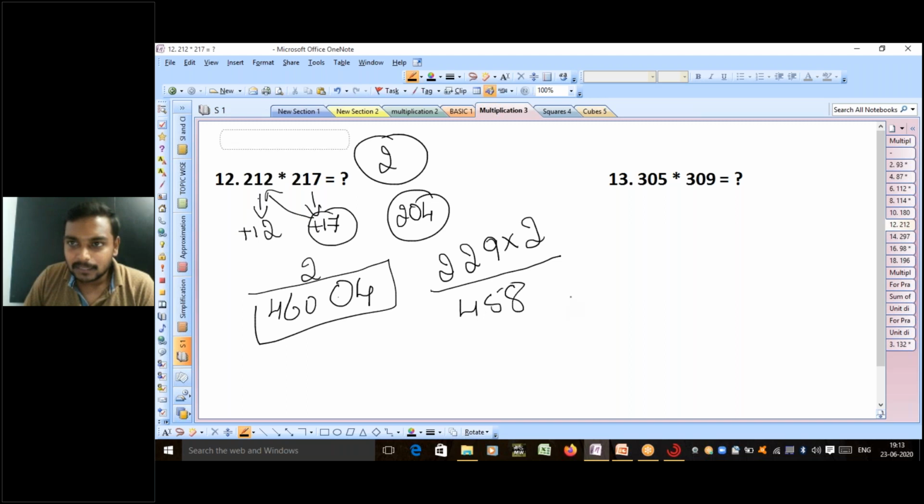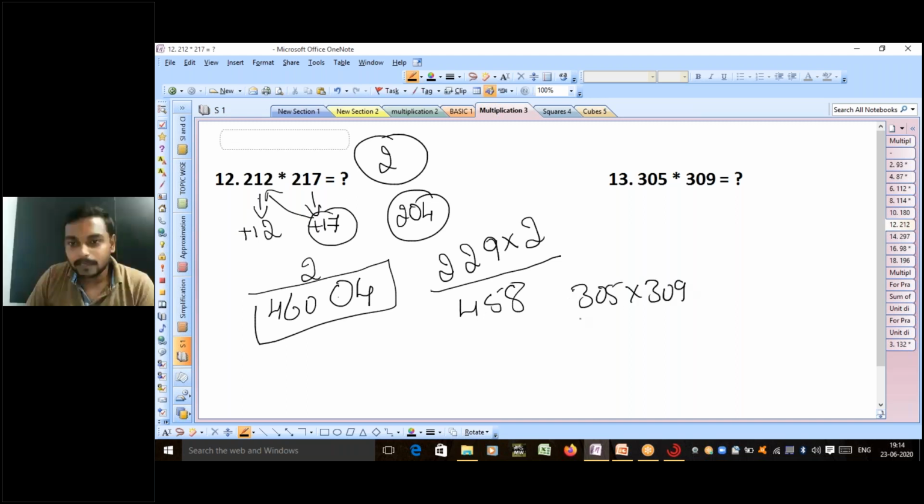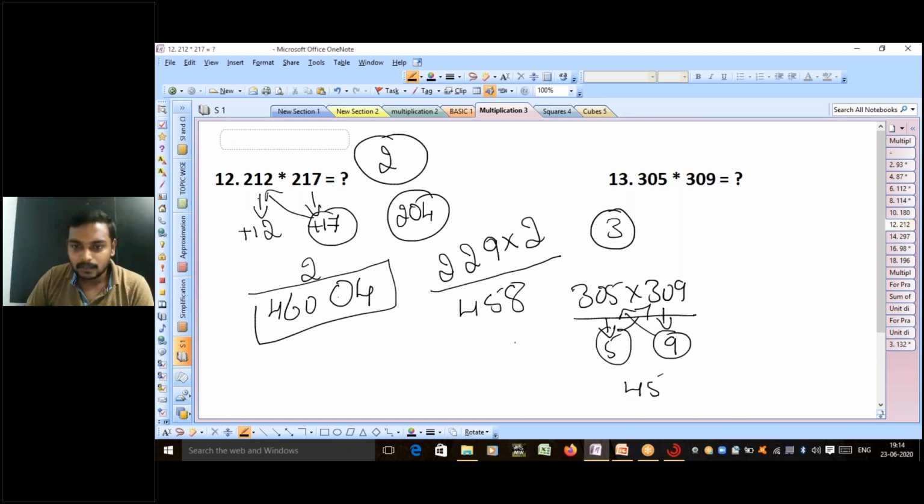Then for 13th one, we have 305 multiply with 309. Here you have to take base as 300. For that you have to multiply left hand side number with 3. From 300 it is 5 more. From 300 it is 9 more. 9 5s are 45. And just add 5 to 309 or just add 9 to 305.